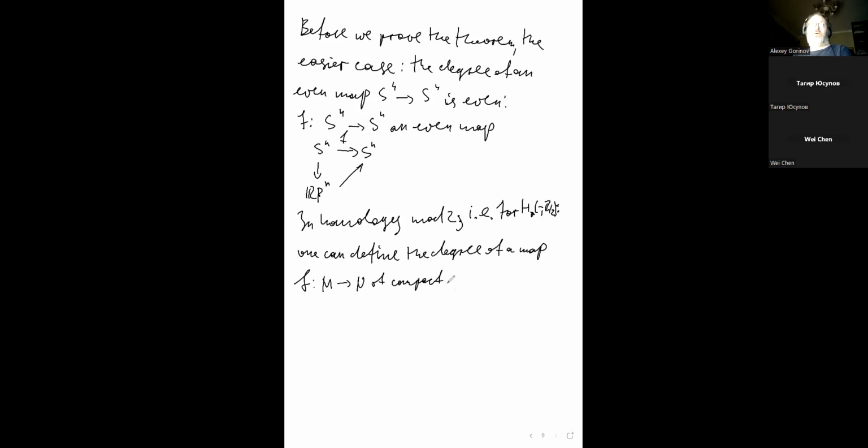Namely, one can define the degree of a map of compact connected smooth manifolds without boundary, and this degree will be an element of Z/2.